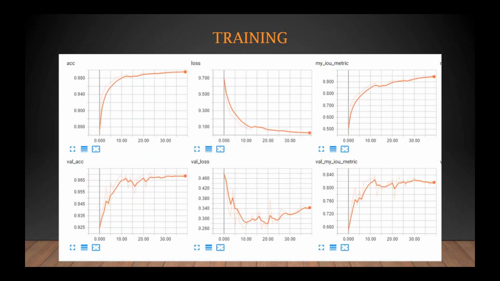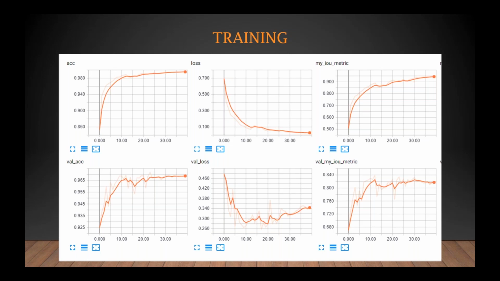This shows our training process monitored by TensorBoard. The top row is the training dataset accuracy, loss, and IOU score, and the bottom row shows the validation dataset accuracy, loss, and IOU metrics. With data augmentation, eventually we have 8,000 images.